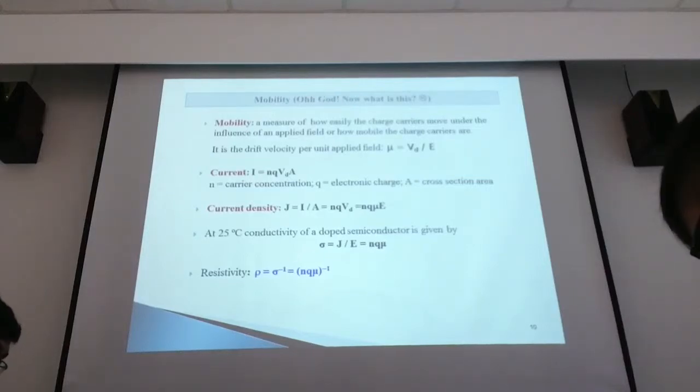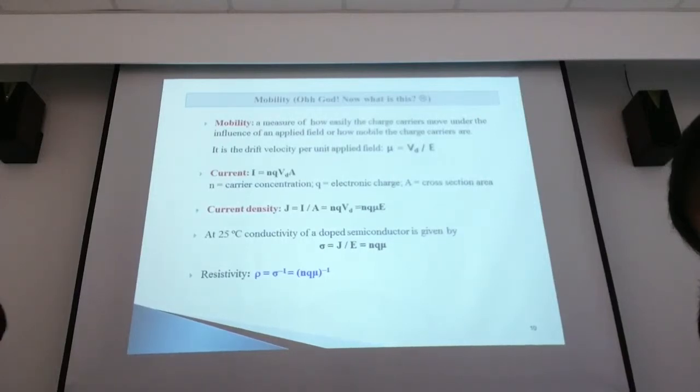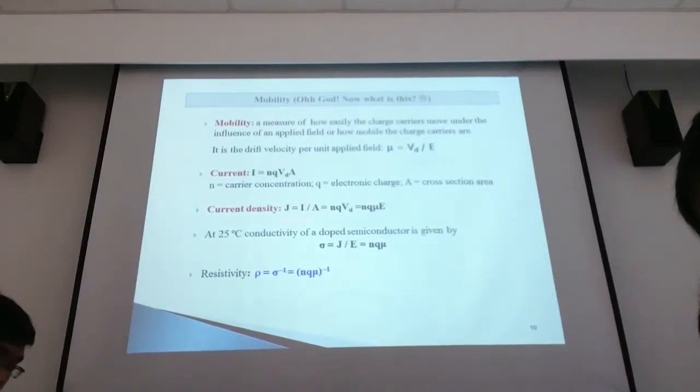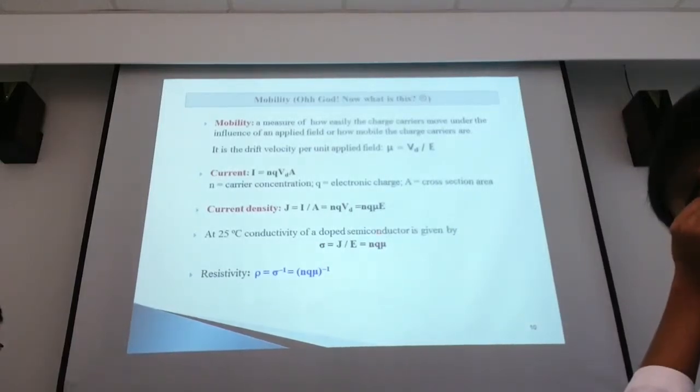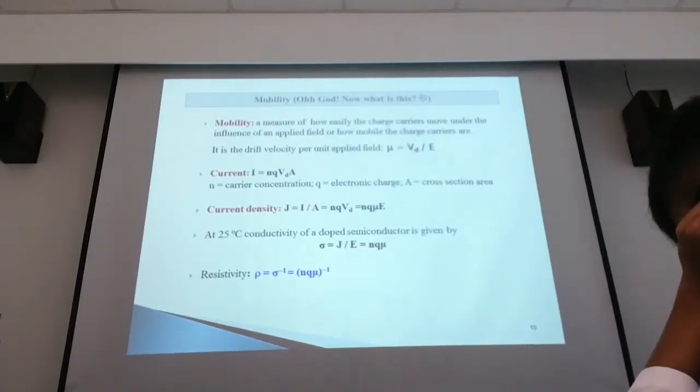That means that is conductivity, right? Because conductivity depends on n q mu. If there is large n, then it is influencing your conductivity. So the conductivity is being influenced by large carrier concentration.